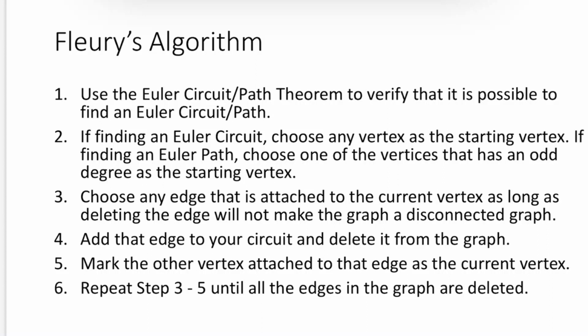Then you choose any edge attached to the current vertex, and you travel along that edge as long as deleting that edge won't make the graph disconnected. That's the key part of Fleury's algorithm: you only choose edges that will not make the graph disconnected. You add the edge to your circuit and delete it from the graph. Then you continue doing that over and over until all of the edges in the graph are deleted and you've completed your circuit.